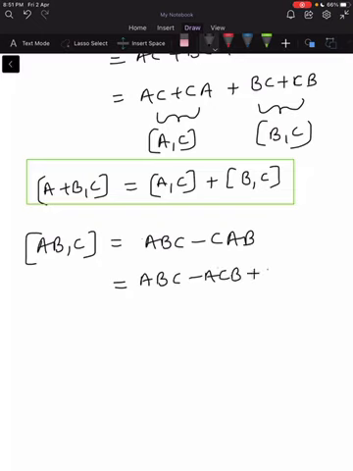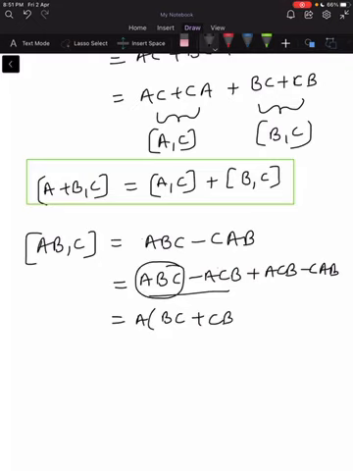It can be written as abc - acb + acb - cab. From the first two terms we can take out a, written as a(bc - cb), and from the last two terms we can take out b, written as (ac - ca)b.